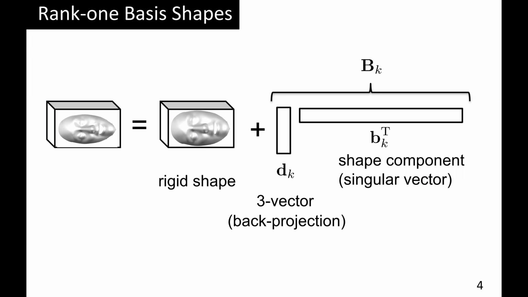This shape component is a perturbation from the rigid shape, which can be computed as a singular vector from the measurement matrix by using SVD on that. So that's the shape component, which is the perturbation from the shape. And if we now compute this product between this 3-vector and the shape component, we get the perturbation with respect to the rigid shape. And this can then be applied.